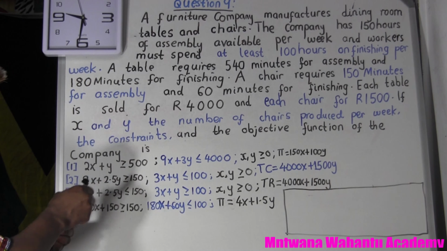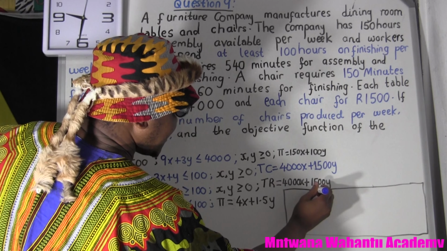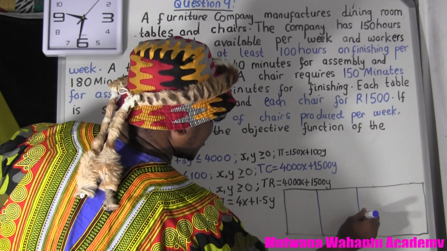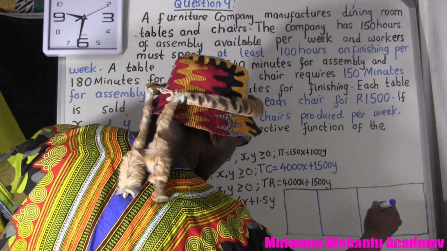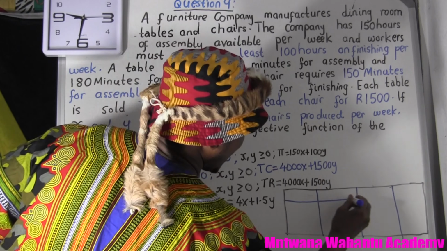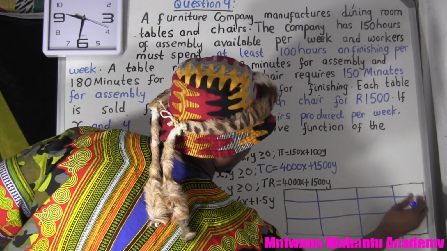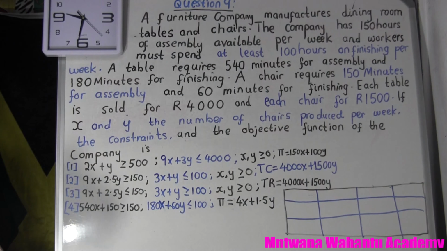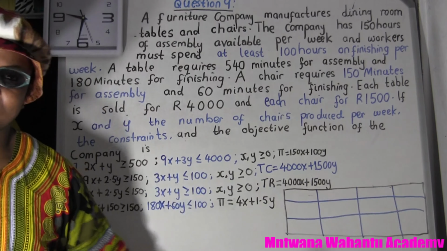I'll put 1, 2, 3 across, and 1, 2, 3 down. Yeah, it's enough. See the space here? I'm going to solve the whole question using only this space.